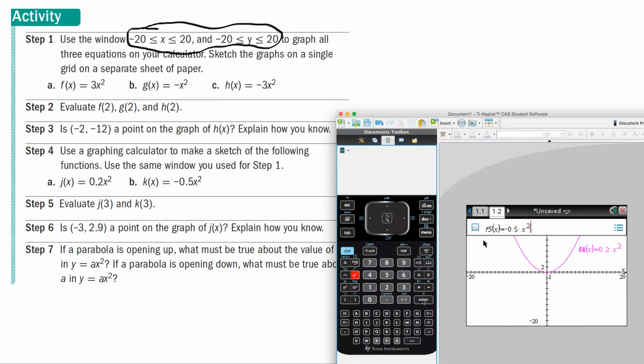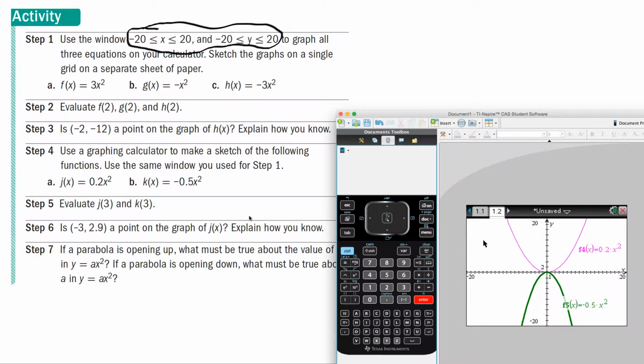So what do you see for the points on the graph? We've got the one opens up, one opens down. They both have a vertex at 0, 0. The graph of 0.2 times x squared opens more broadly than the 0.5 times x squared.